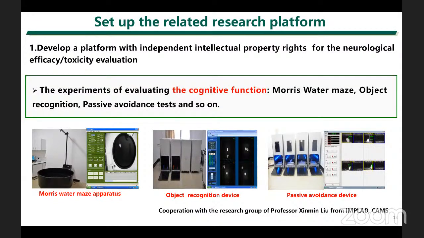We have set up the related research platform in this area, in collaboration with the research group of Professor Liu Xinming from the Chinese Academy of Medical Sciences. Firstly, we developed several platforms, such as the mouse maze tests, the object recognition device, and the passive avoidance device for evaluating cognitive function.